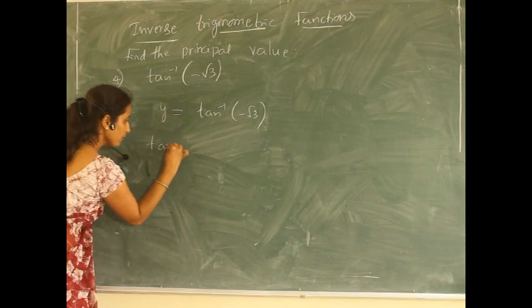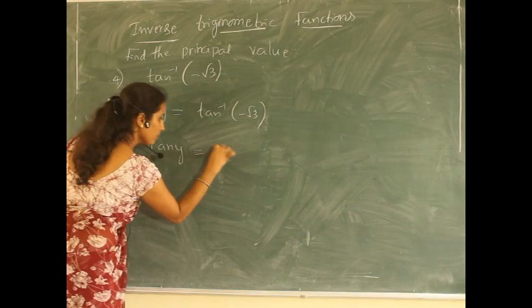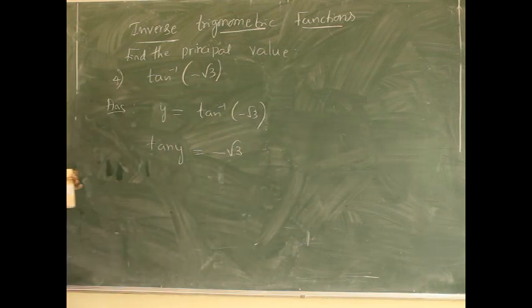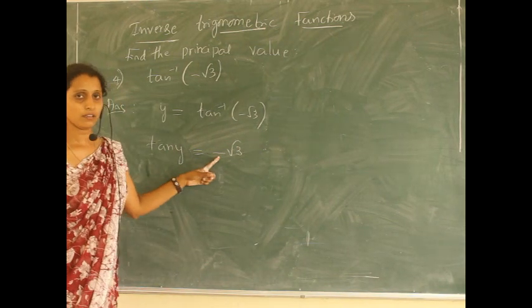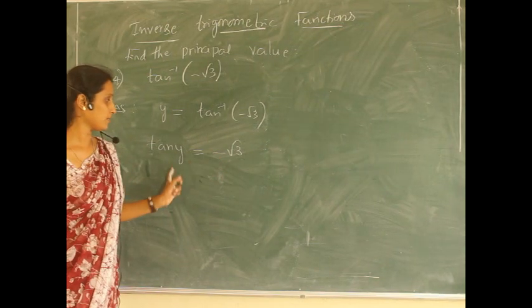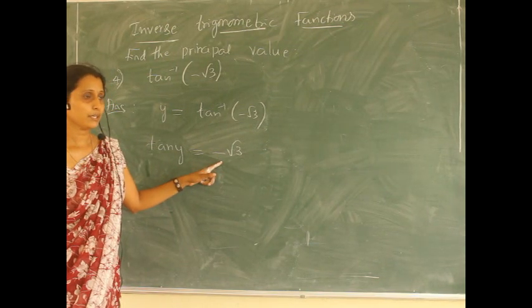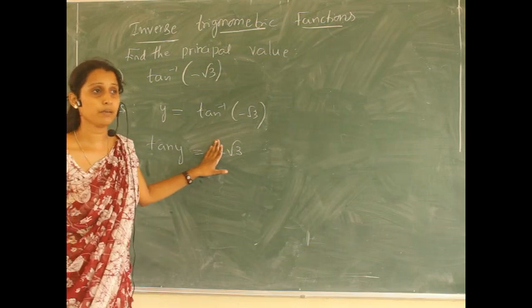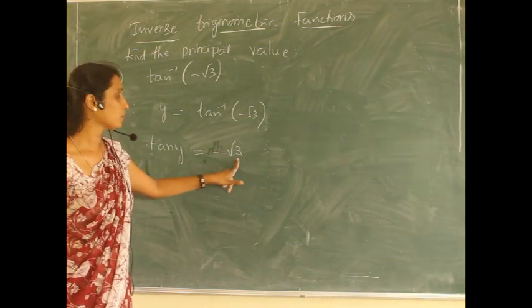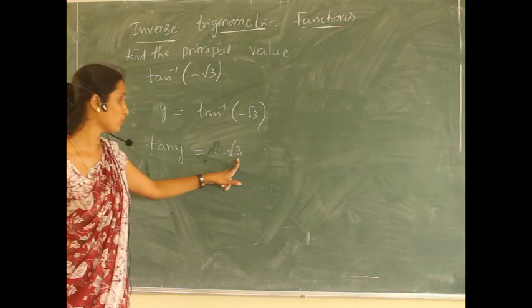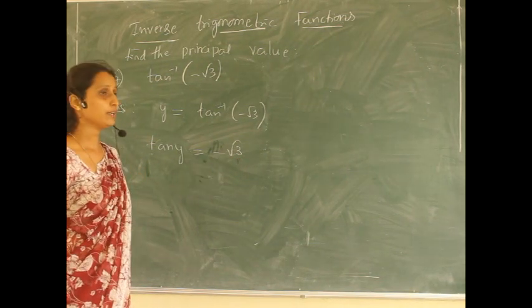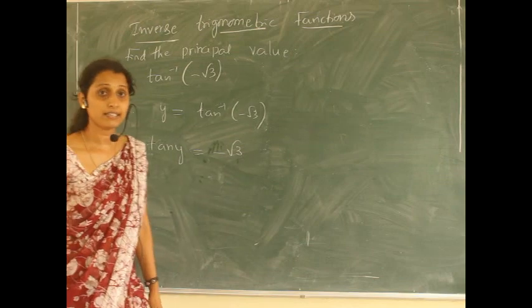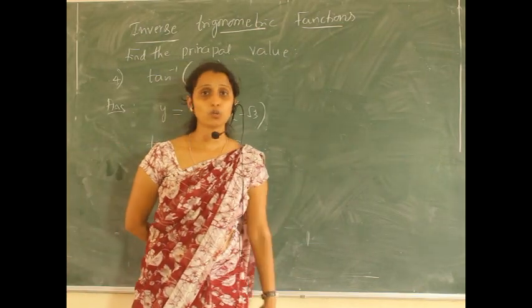That becomes tan y is equal to minus root 3. Tan y is minus root 3, that means tan is negative, and when tan is plus root 3, it is 60 degrees, that is pi by 3. Tan pi by 3 is root 3, but since it is negative, tan is negative in the second and fourth quadrant.